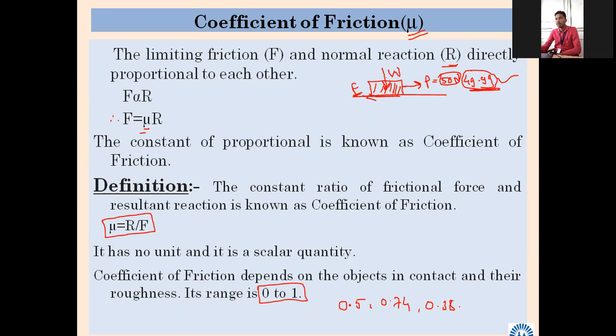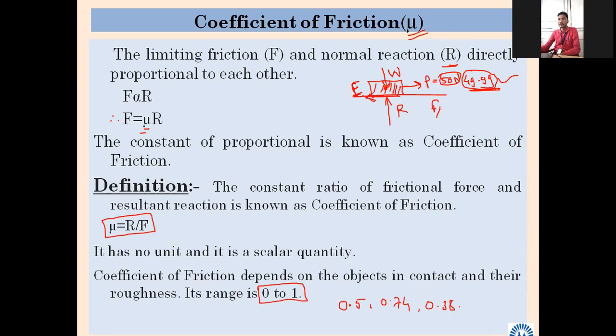This weight is going to act vertically downward, so there will be a normal reaction, which I will denote by N, or I will say R. So these two terms: the frictional force in the direction opposite to the applied force, and the normal reaction perpendicular to, or along the weight in the opposite direction.